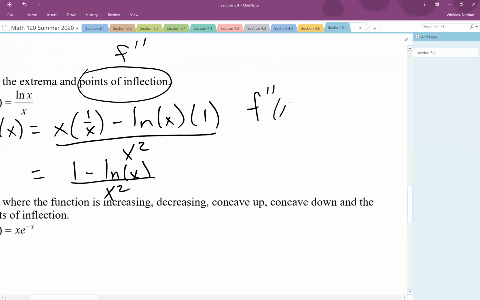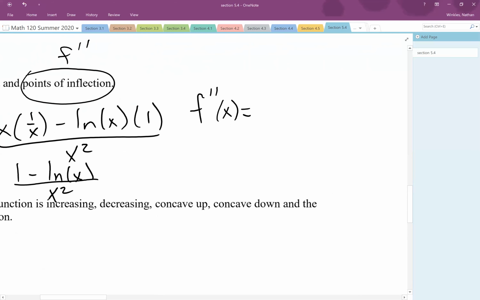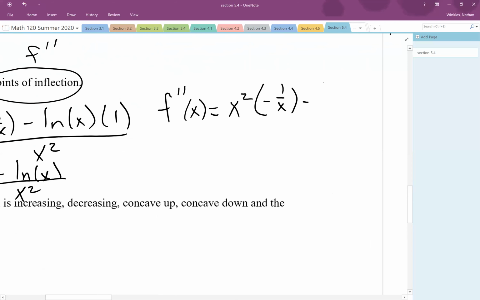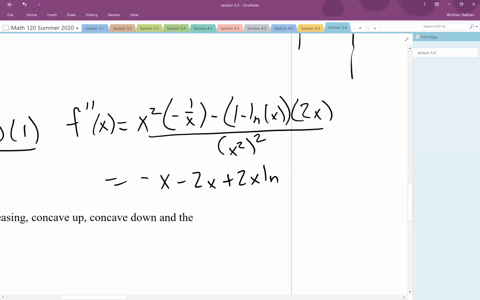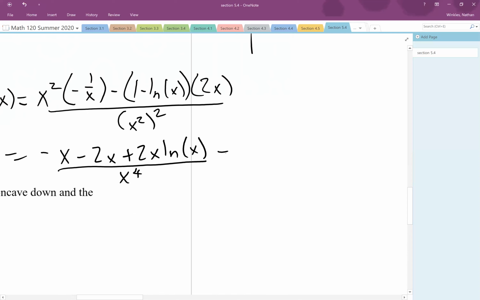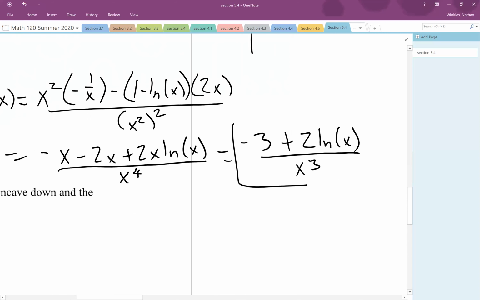Now our second derivative is low d high minus high d low over the bottom squared. So you get minus x minus 2x plus 2x ln x over x to the fourth. Everything is divisible by x. So you get minus 3 plus 2 ln x over x cubed.